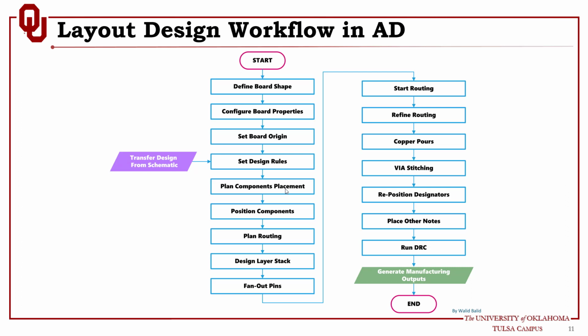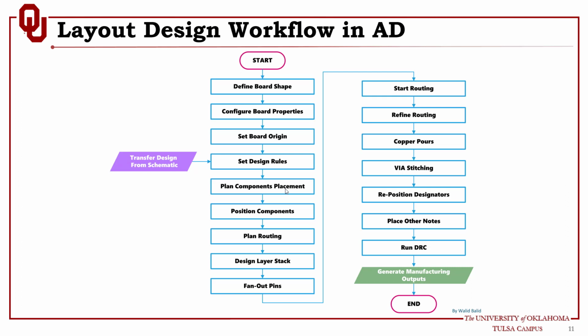You don't want to just move the components, place them on the board, and try to do routing. No, try to find the minimum crossing between the components and place them such that they can be easily routed. And you might at some point go back to the schematic and swap some of the nets to simplify the routing on the layout.